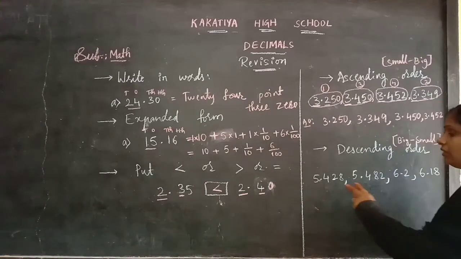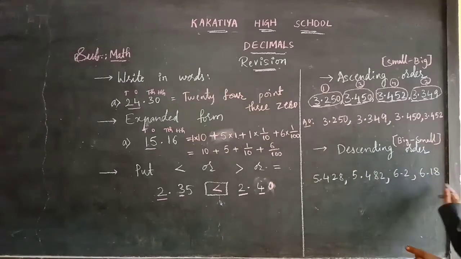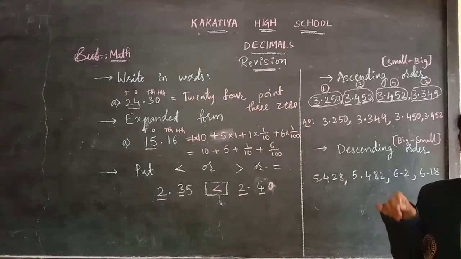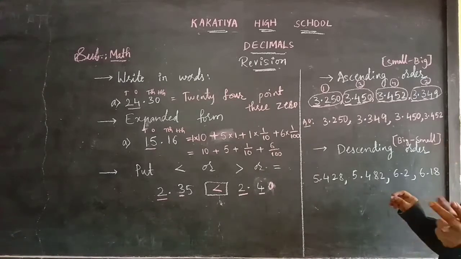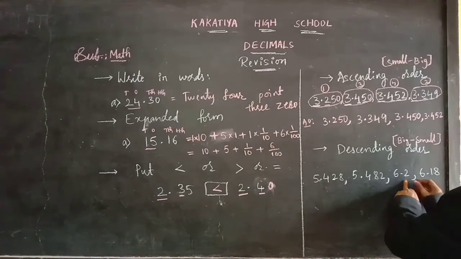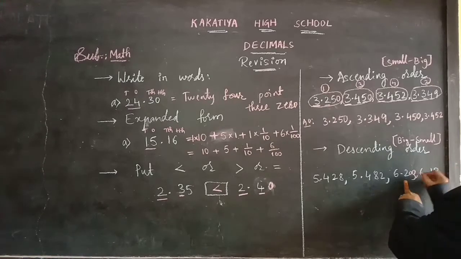Three digits is the biggest count, so for the other numbers with fewer digits you need to keep zeros at the end to change them into like decimals. So here 3 digits, here 3 digits, here 1 digit. I require 2 more zeros at the end to change into like decimals.